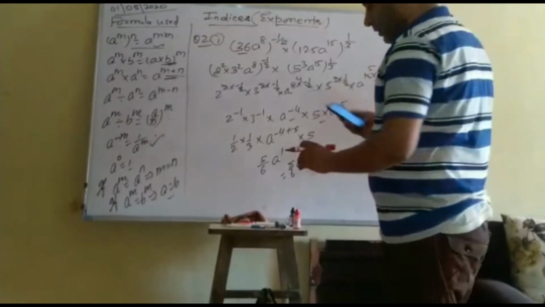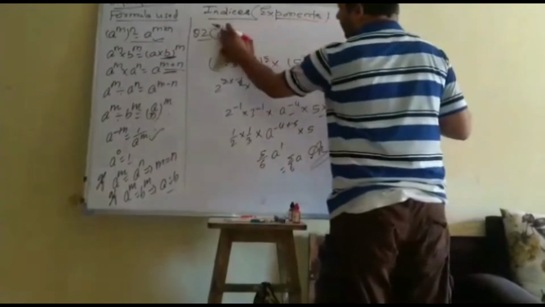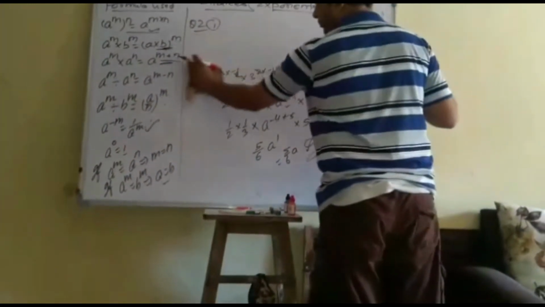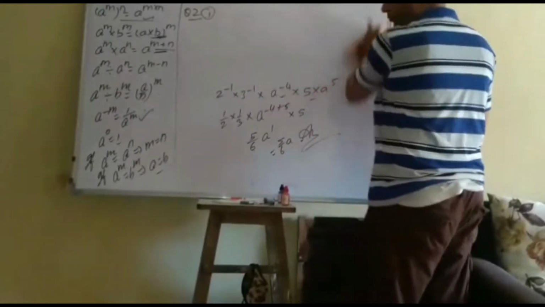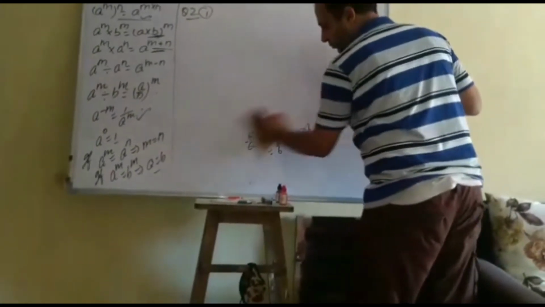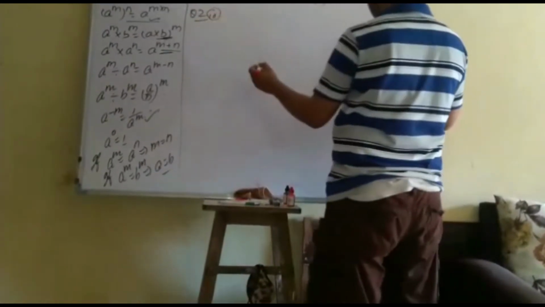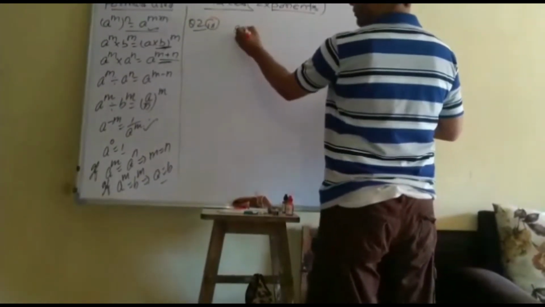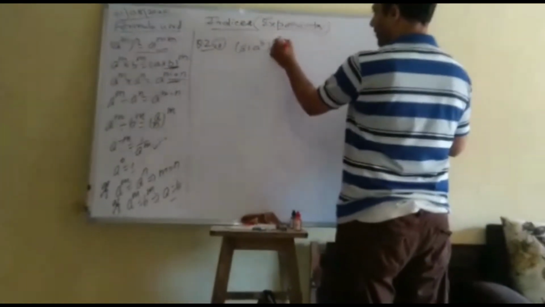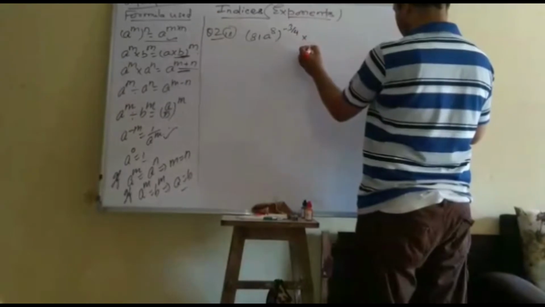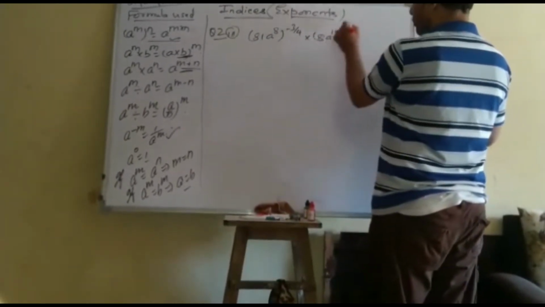Third part, look at the third part. How to solve question number 2, third part? 81 a raised to power 8, whole raised to power minus 3 by 4, into 8 a raised to power 15, whole raised to power 2 by 3.